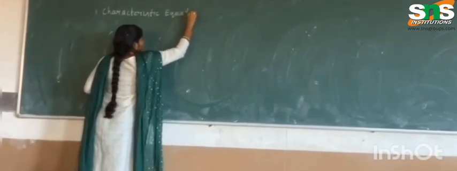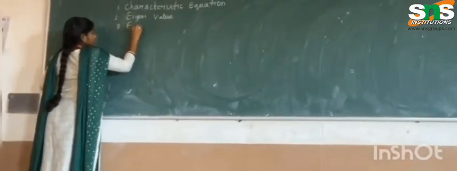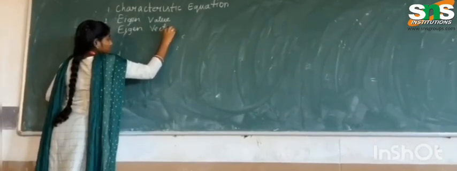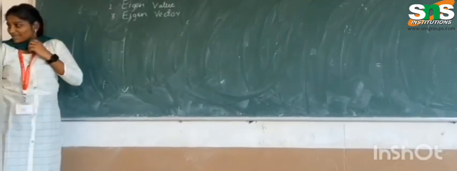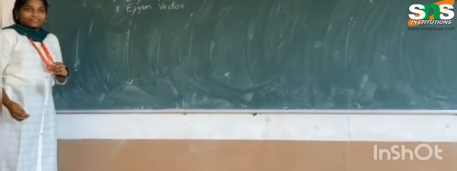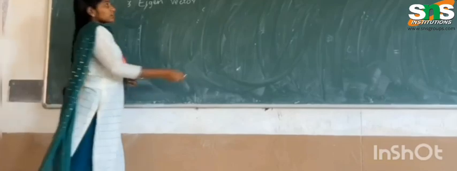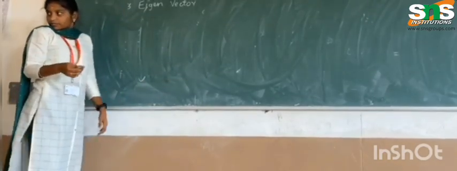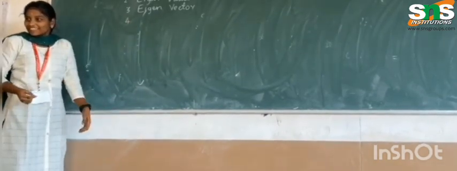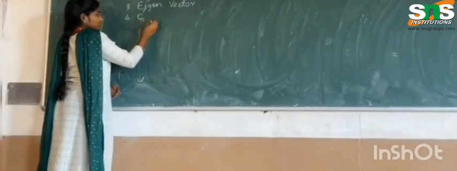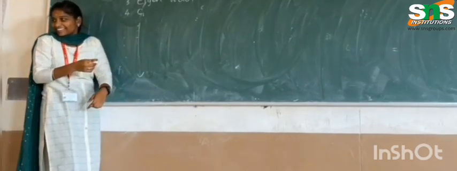So the first one is characteristic equation. Write all the familiar words. C1. Write the fourth point. C1. C2.